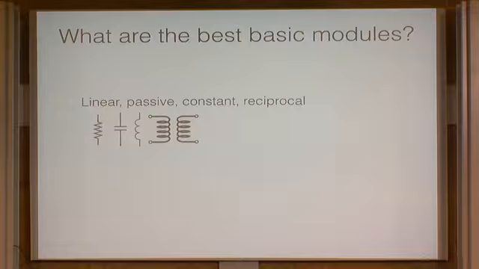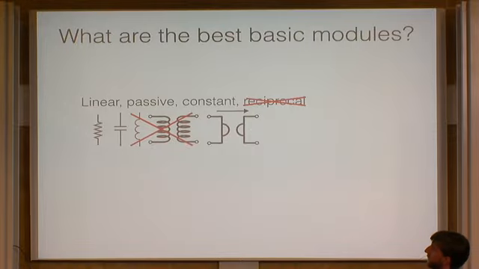If you open up an electronics textbook, you might see a discussion where they say the fundamental components of electrical engineering, lumped element components, for linear, passive, constant, and reciprocal systems, are things like resistors, a capacitor, an inductor, and a transformer. This list can be modified. If you cross that guy out, you can put in this thing called a gyrator, which interestingly allows you to cut these two things out.